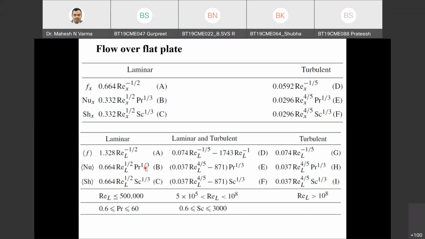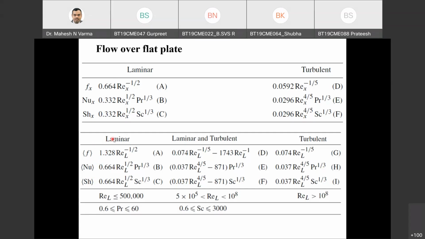But for design purposes, most of the time we will be using the average value of friction factor, average value of Nusselt number. So you will never see in heat transfer just the heat transfer coefficient value. Even though it is mentioned as heat transfer coefficient, it will be the average value of heat transfer coefficient, average value of mass transfer coefficient.